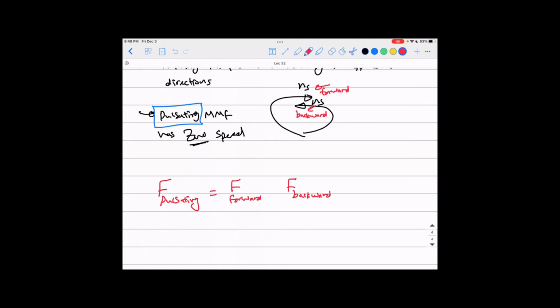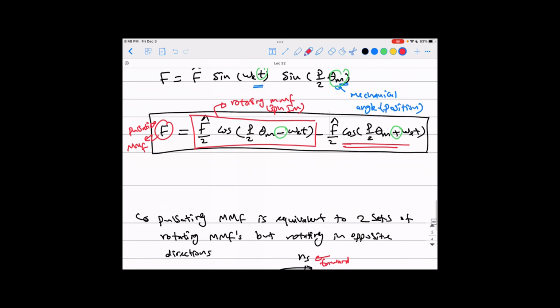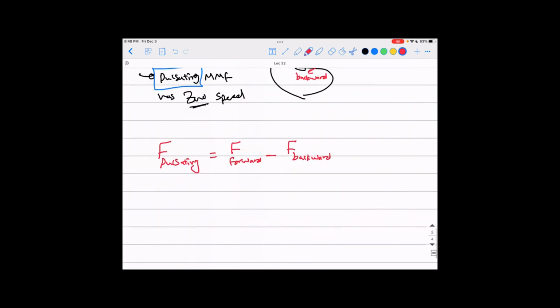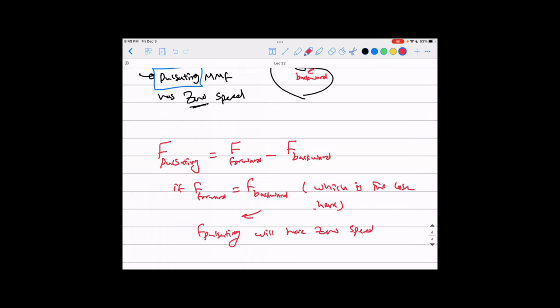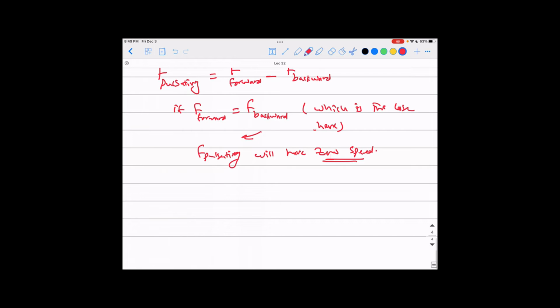So that's the whole point: F forward equals F backward in magnitude, which is the case here actually. So that means F pulsating will have 0 speed. It will not rotate anywhere, it will just keep pulsating in its position.